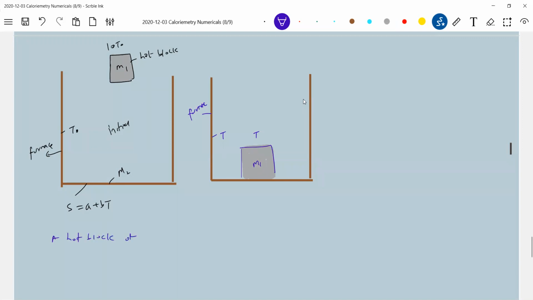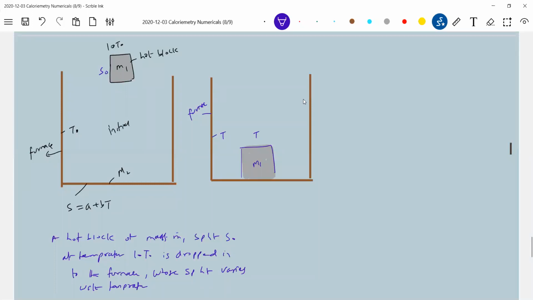A block of mass M and specific heat S naught at temperature 10 T naught is dropped into a furnace whose specific heat varies with temperature as S equals A plus BT.